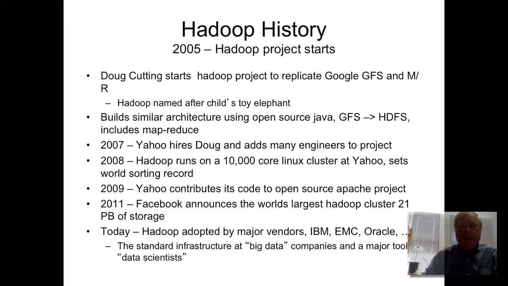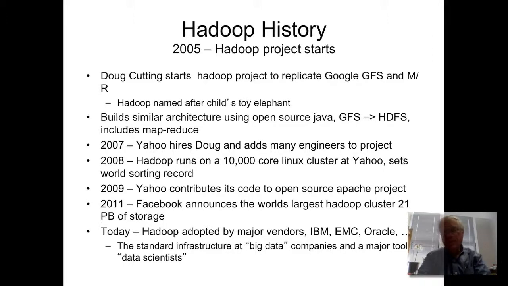So let's go back for a second and talk about Hadoop and where it came from. Back in about 2005, a guy named Doug Cutting started the Hadoop project to see if he could replicate the Google file system approach and MapReduce. And he named the project after his child's toy elephant.